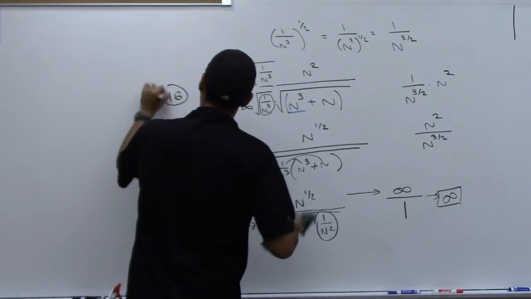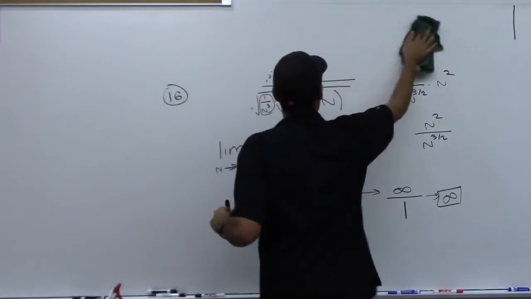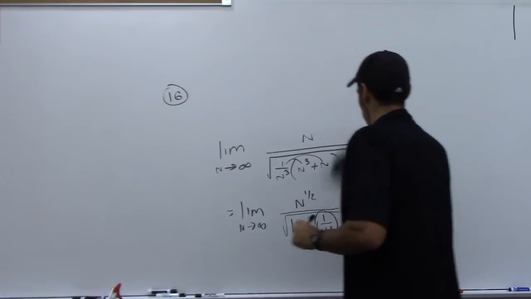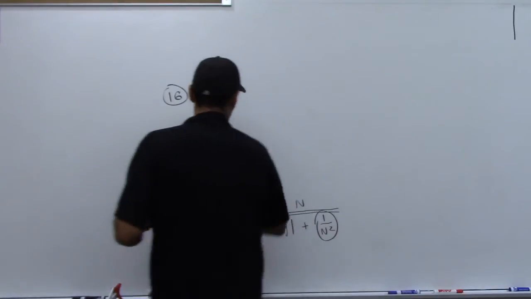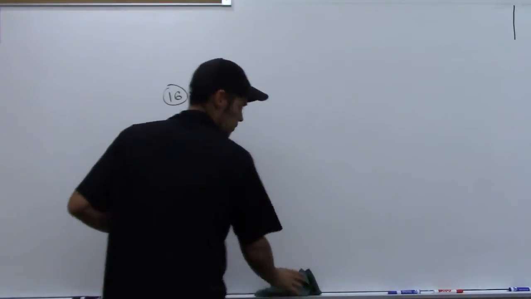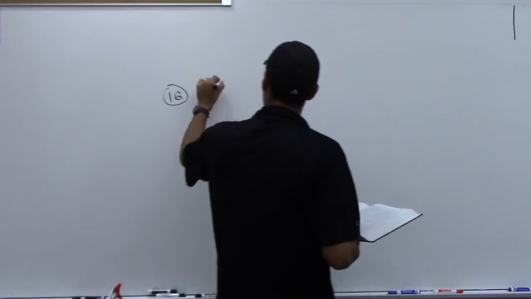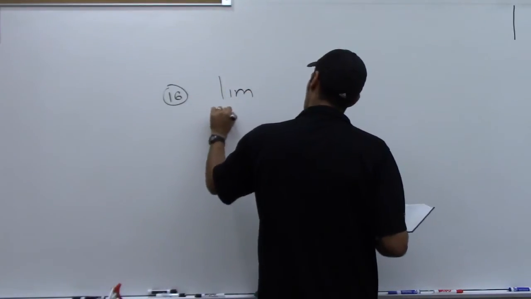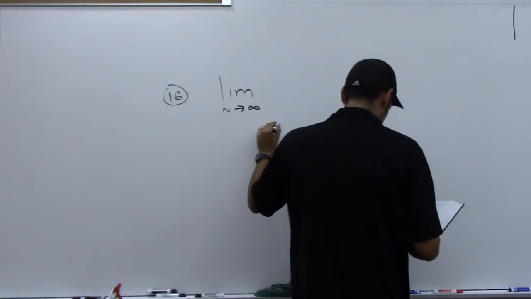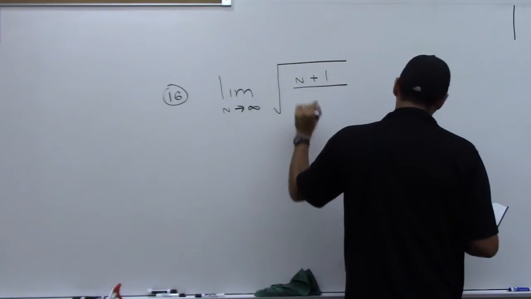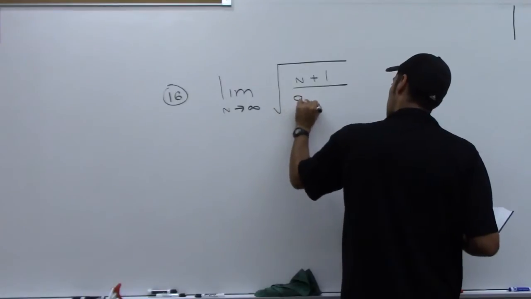16. Limit as n goes to infinity of square root of n plus 1 over 9n plus 1.